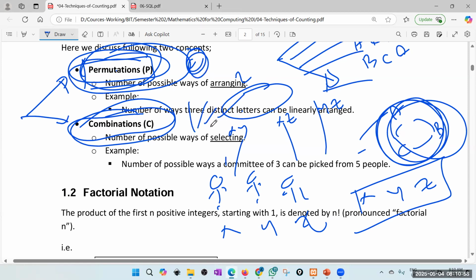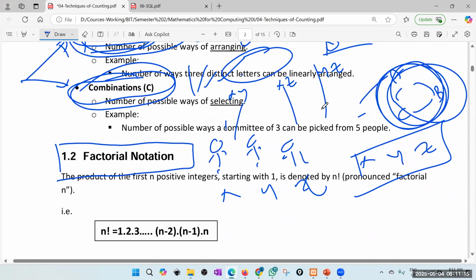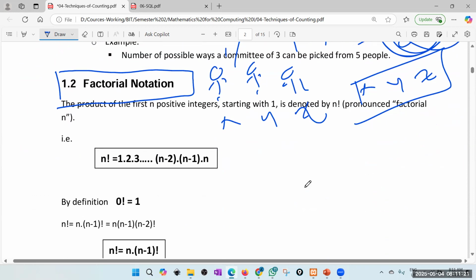Before moving to permutations and combinations, first we need to familiarize ourselves with factorial notation. Of course, you are familiar with it, because the formulas for numbers of arrangements and combinations involve factorials.